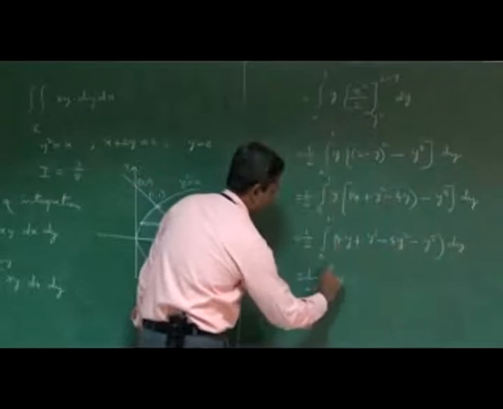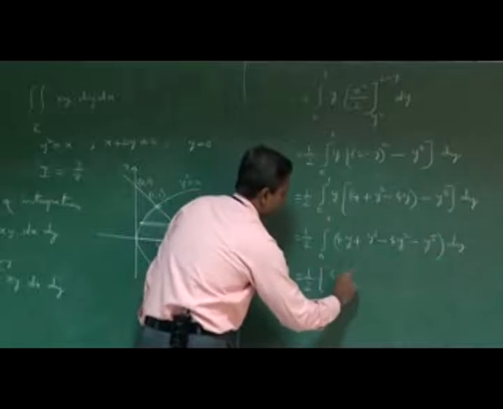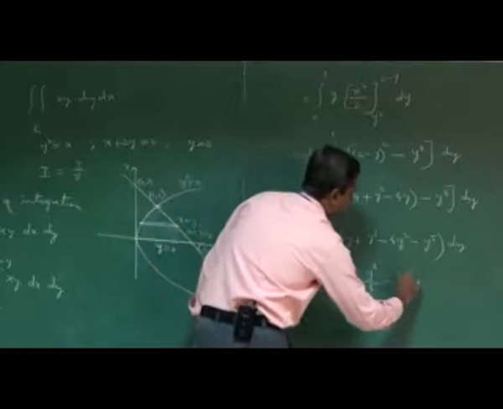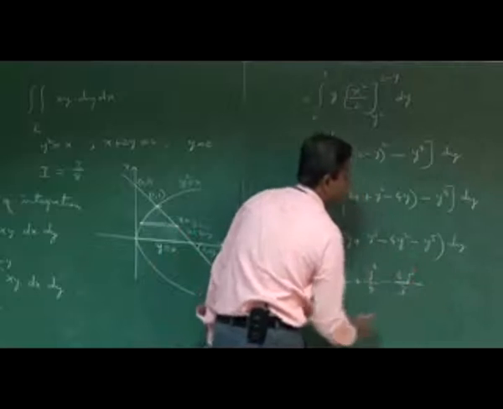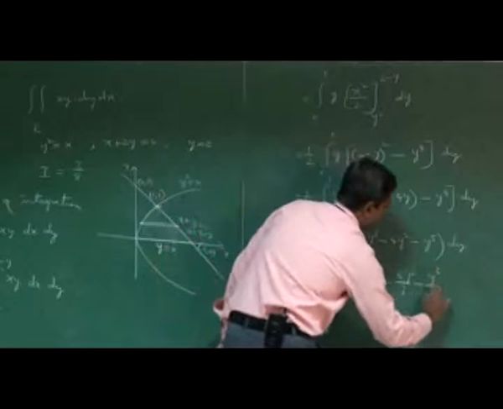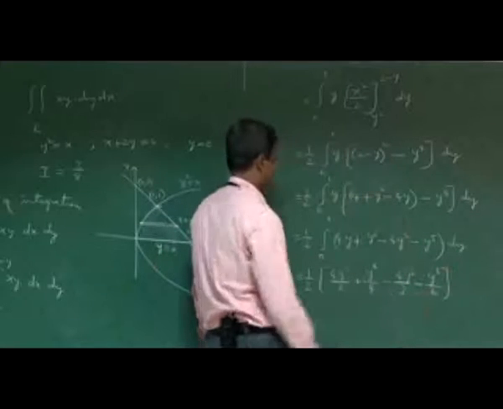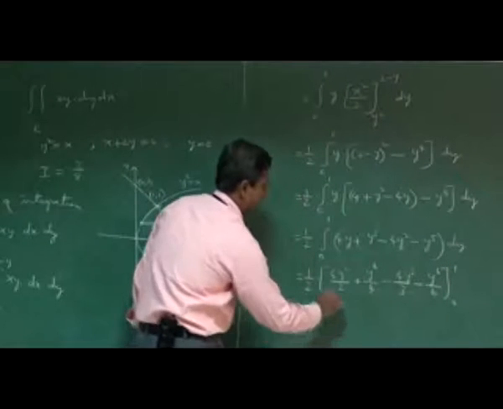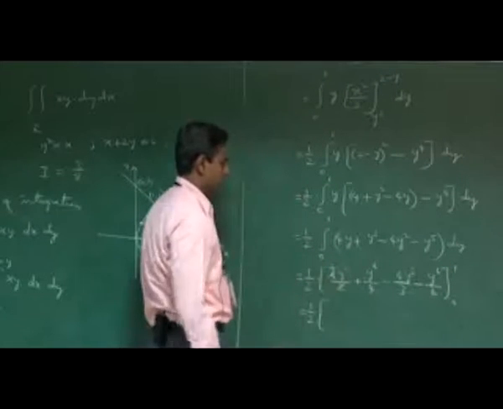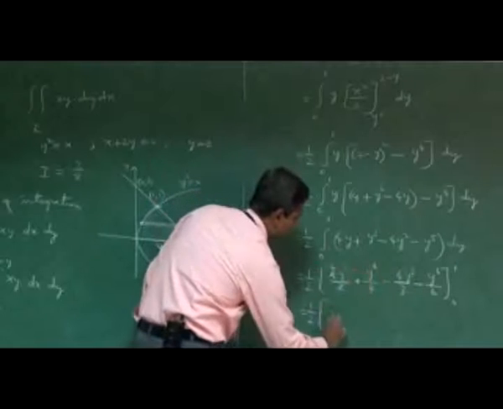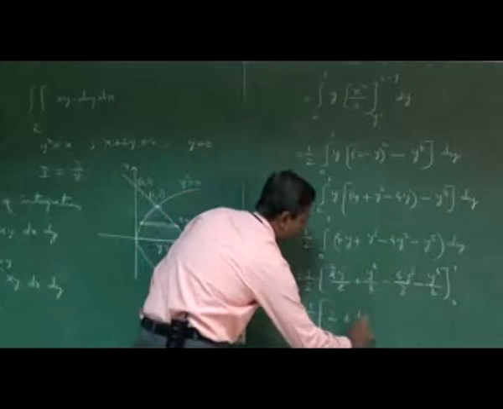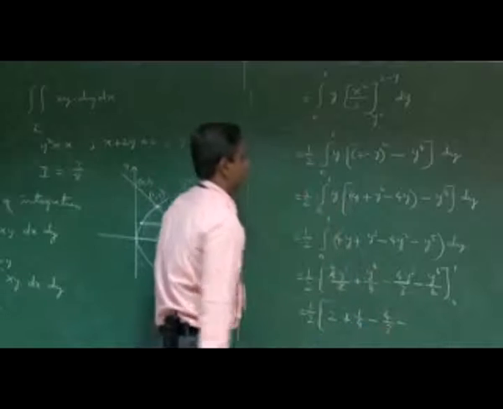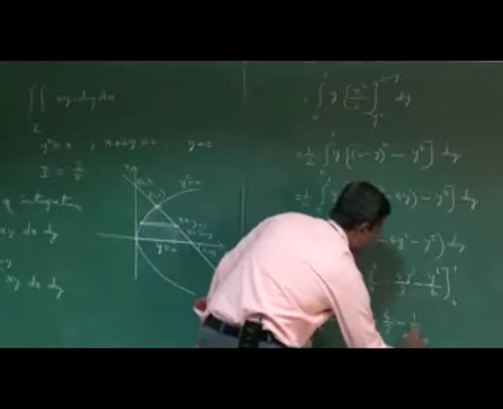That is equal to 1 by 2 times 4y squared divided by 2 plus y power 4 divided by 4 minus 4y cube divided by 3 minus y power 6 divided by 6, with limits from 0 to 1. Applying the limits for y, we get 2 plus 1 by 4 minus 4 by 3 minus 1 by 6.